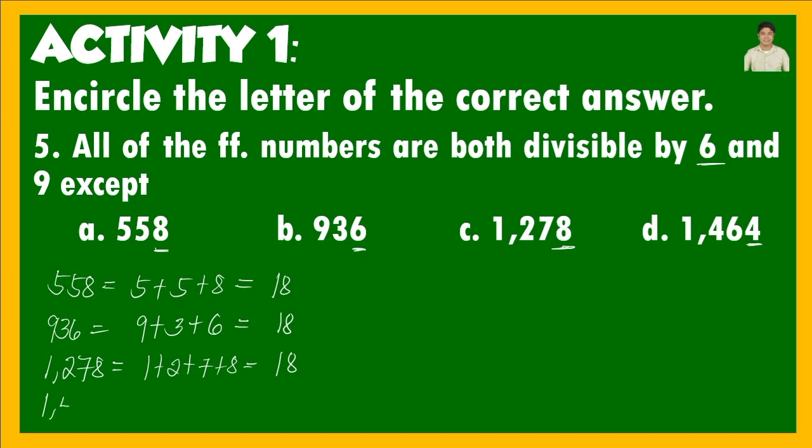So 1,464. So 1 plus 4 plus 6 plus 4 will have 15. Okay. So obvious naman dyan kung alin yung sagot natin. Dahil yung 18, yung tatlong 18 na yan, divisible by 9 po yan. Okay. So, 15, ayan, is not divisible by 9. Therefore, our answer is letter D, 1,464.